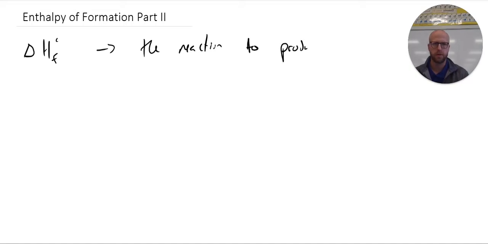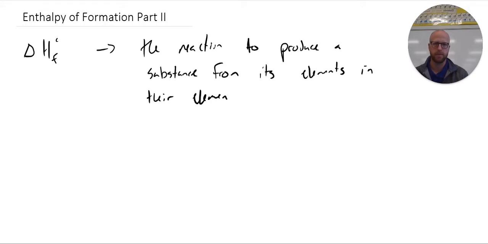Okay, so today we're going to continue on with enthalpies of formation. So remember, we're looking at delta H of F. Okay, and what is enthalpy of formation? It's the reaction to produce a chemical or a substance from its elements in their elemental form.